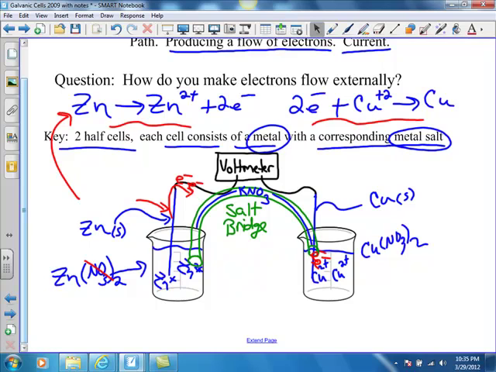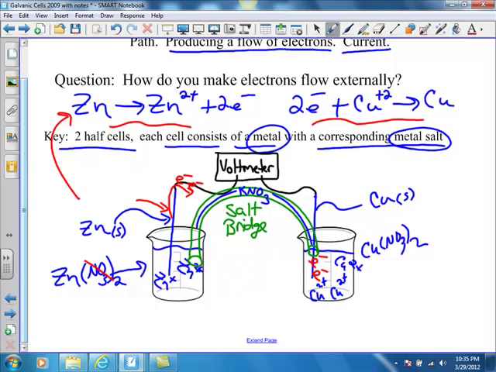Guess what they just did? They flowed externally. Okay, now I have these two electron guys over here, and guess what copper is going to do? Okay, those two electrons are here. I have this copper ion, and I'm going to rewrite this so I get just one copper ion to play with.